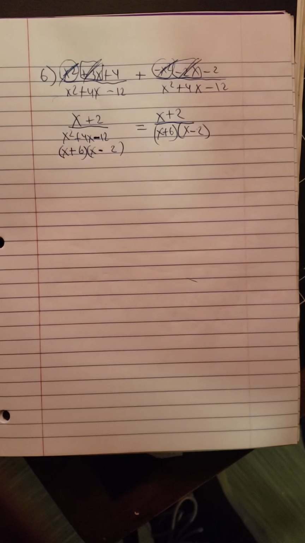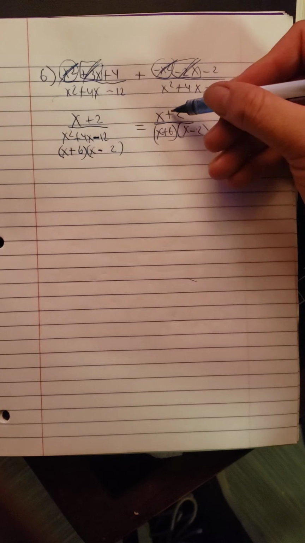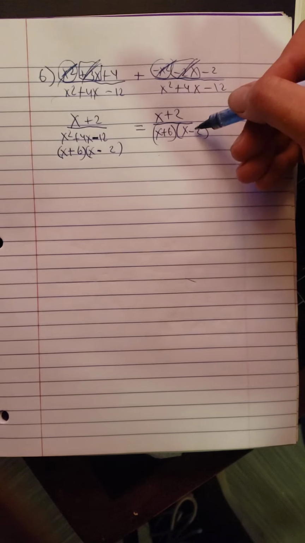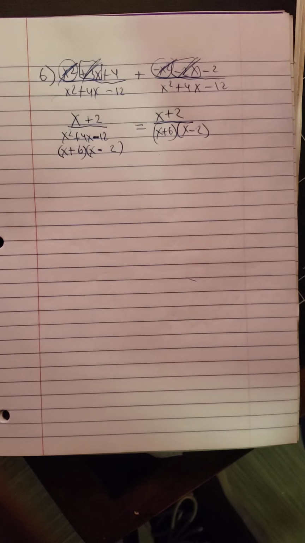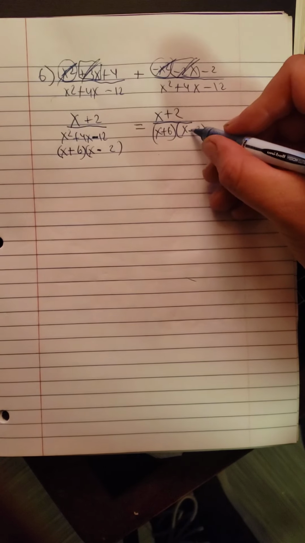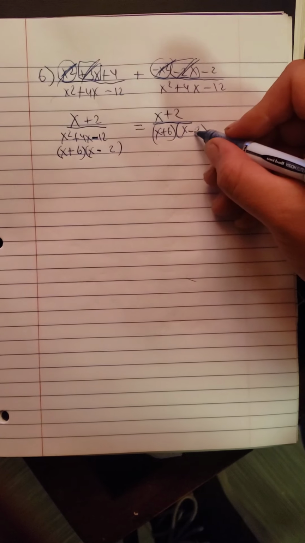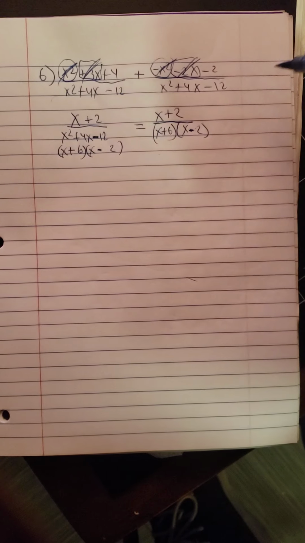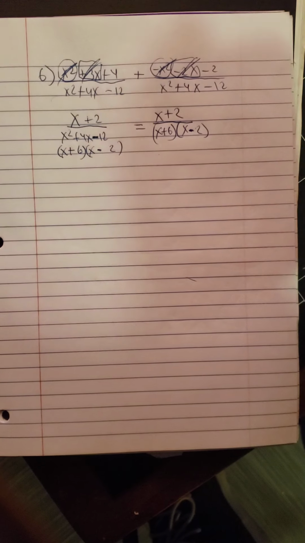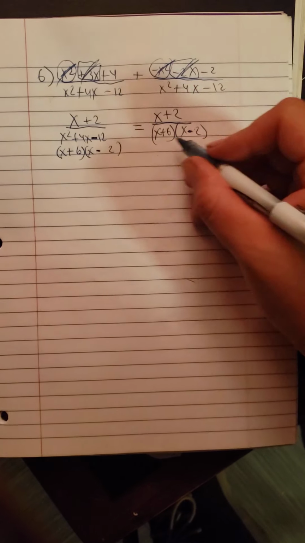Now, is this the same thing? No, that's not the same thing. So we weren't lucky enough. If this would have been a positive 2, then we could have canceled this. But because this is a negative, we cannot cancel it. So our answer stays like this.